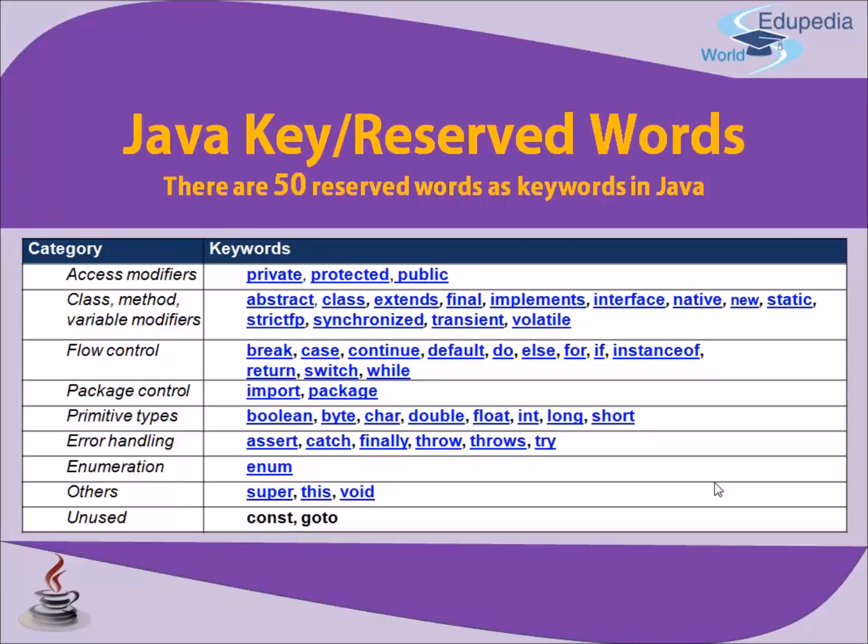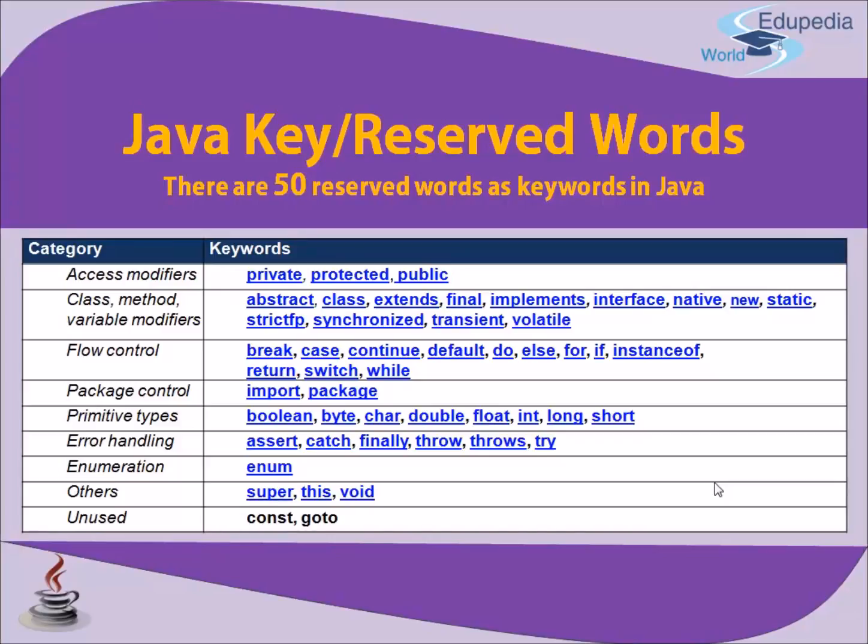The first one is access modifiers, which includes private, protected, and public. Then on second number you can see class, method, and variable modifiers: abstract, class, extends, final, implements, interface, native, new, static, strictfp, synchronized, transient, and volatile.